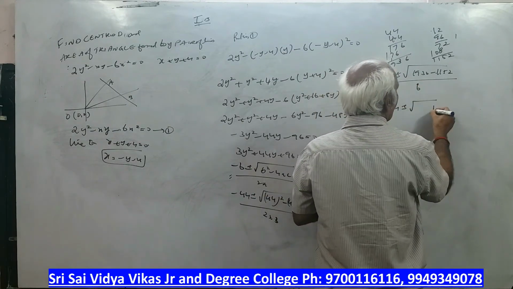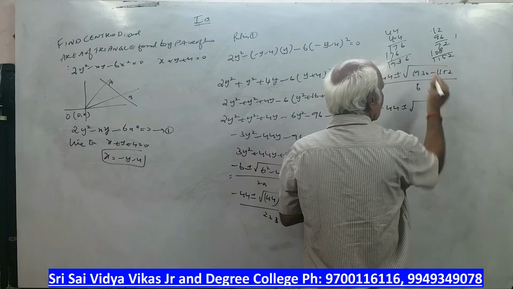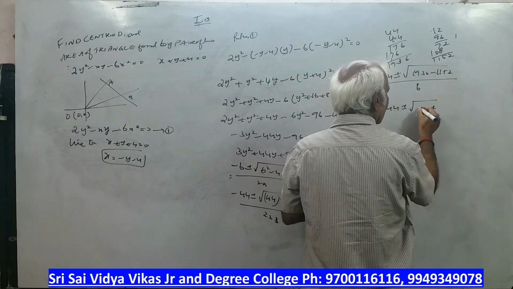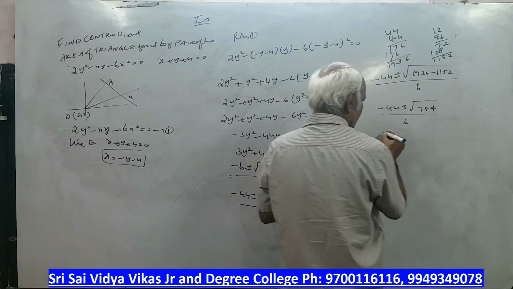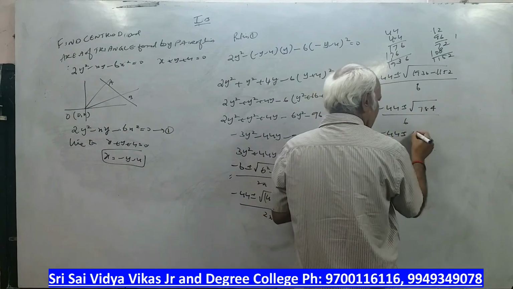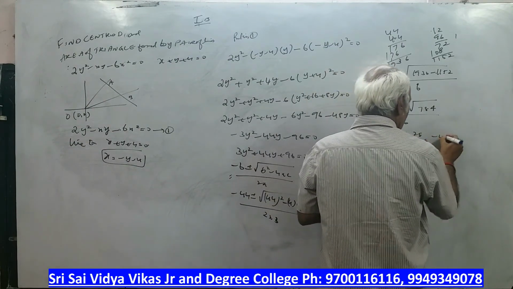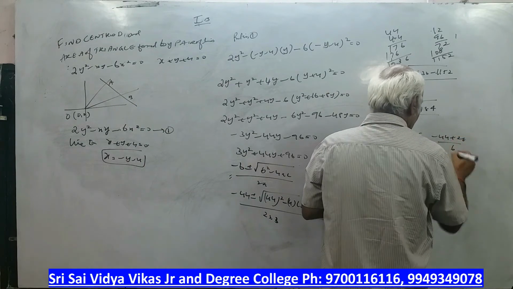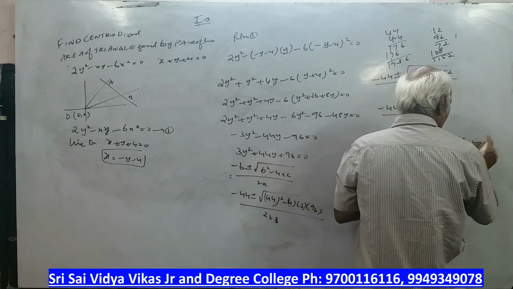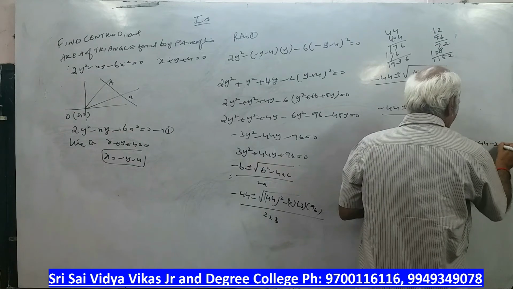Root of that is 28 by 6. So minus 44 plus or minus 28 by 6. So minus 44 plus 28, or minus 44 minus 28, by 6.